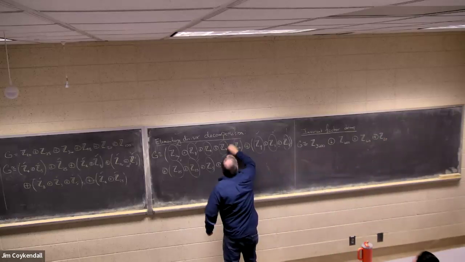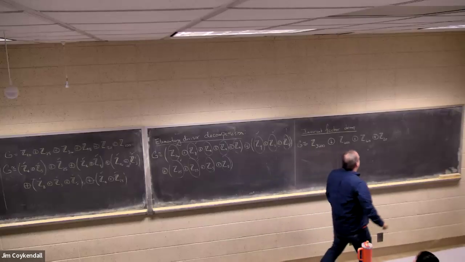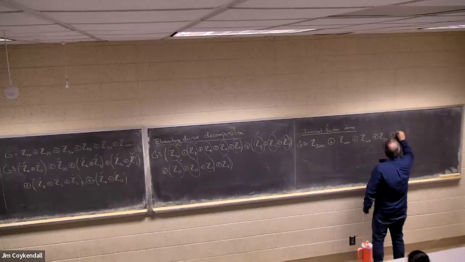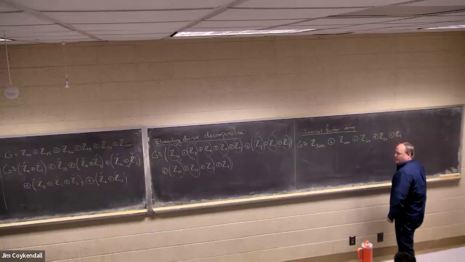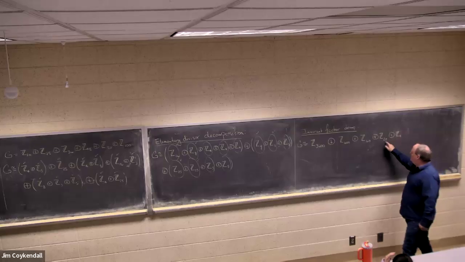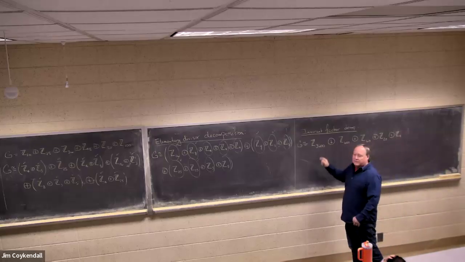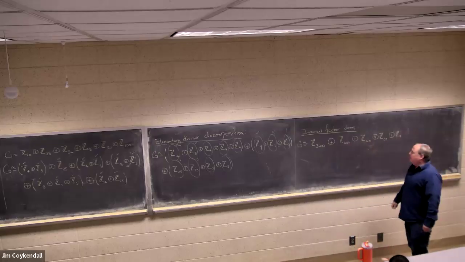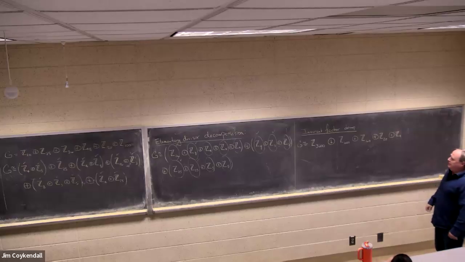And finally, I've got Z4. This is sort of the shortest way of writing all this as cyclic groups. Notice 4 divides 20, 20 divides 60, 60 divides 600, 600 divides 3,600. This is the invariant factor decomposition.